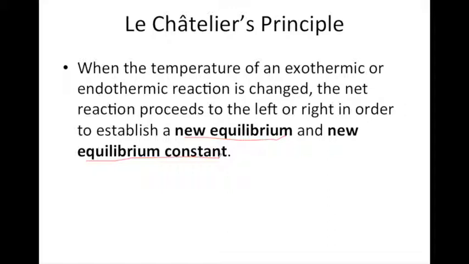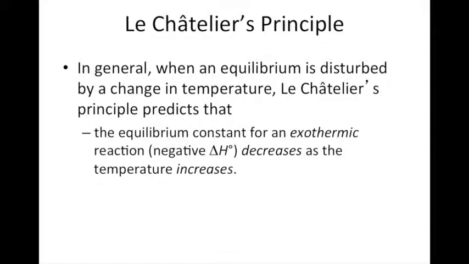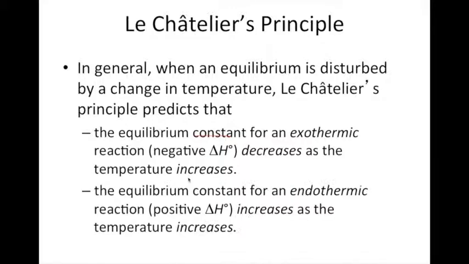So unlike the other stresses, in which the Kc value remained the same, when we change the temp, we get a brand new equilibrium and a brand new equilibrium constant established. So in general, when an equilibrium is disturbed by changing the temperature, Le Chatelier's principle predicts that the equilibrium constant for an exothermic reaction decreases as the temperature increases.